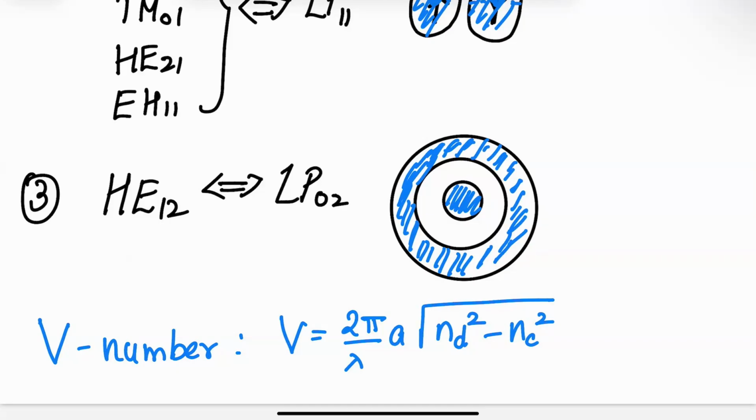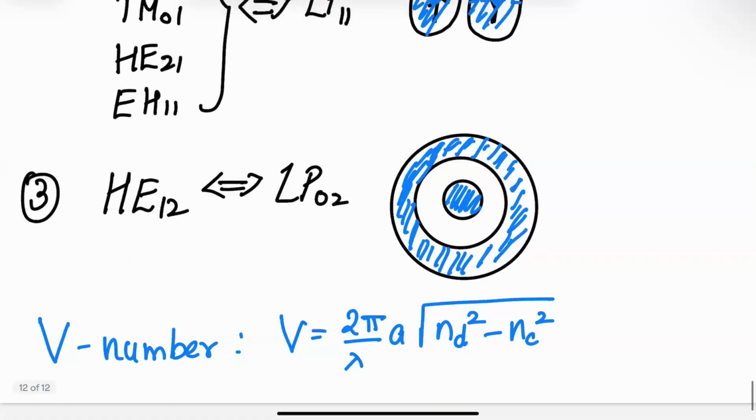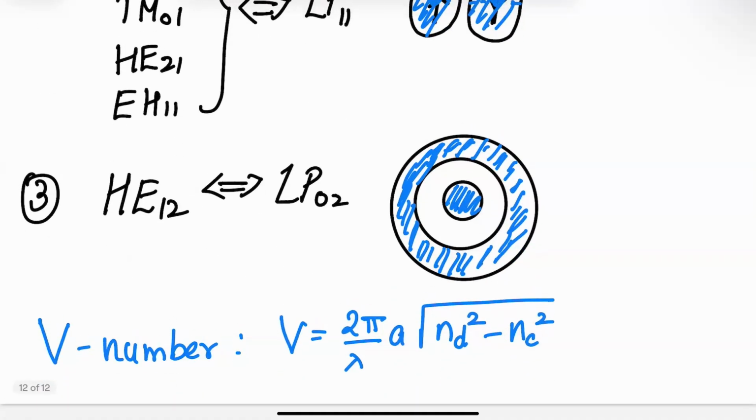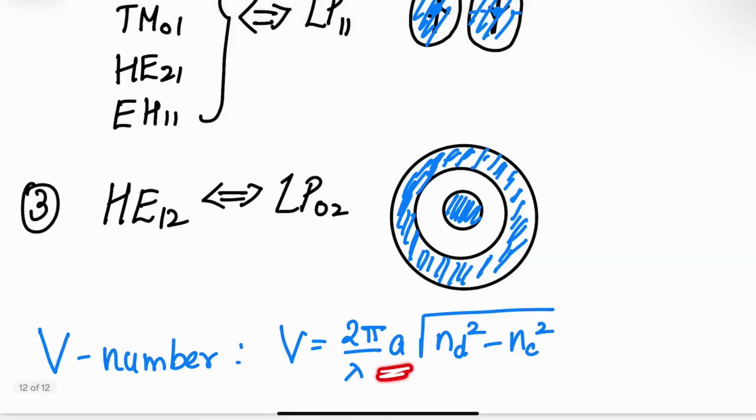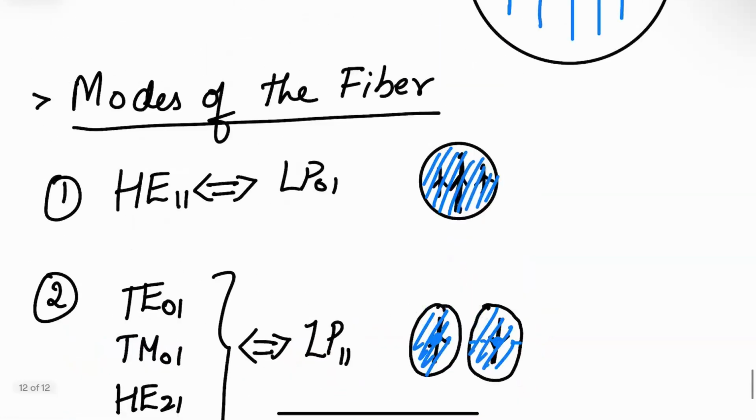So basically, given a certain fiber optic cable, let's say you're given this a value and the core and cladding refractive indices, you can calculate the V number as a function of wavelength, right? And then you can see at what frequency different modes start to propagate.